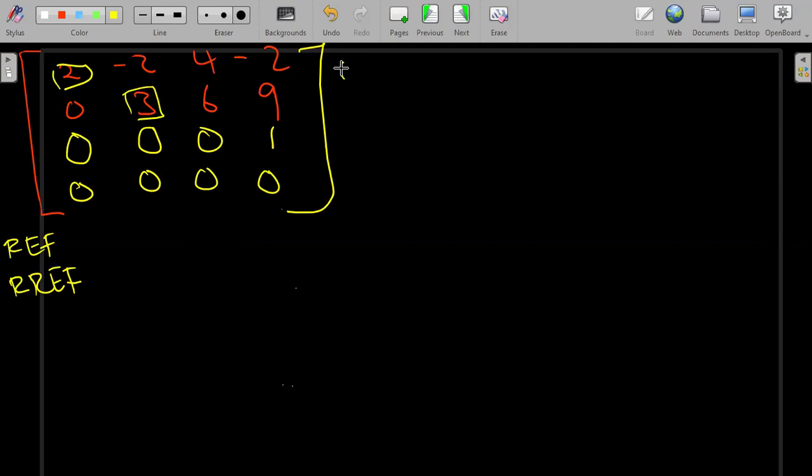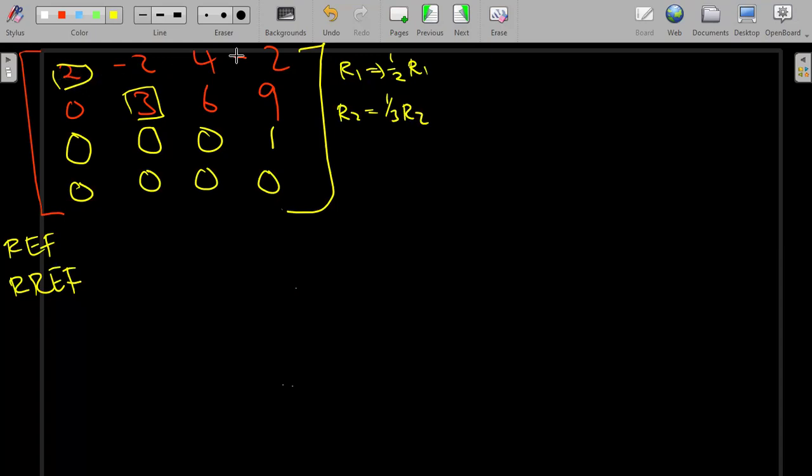So our new row 1 will be equal to 1 over 2 multiplied by row 1. Our new row 2 will be equal to 1 over 3 times row 2. Why am I doing 1 over 3? Because to make this one, I simply divide by 3. To make this one, I simply divide by 2.